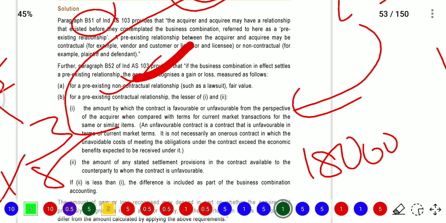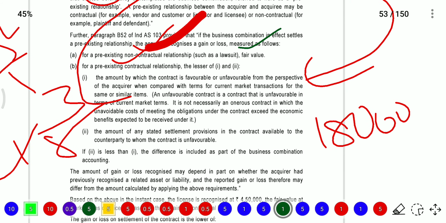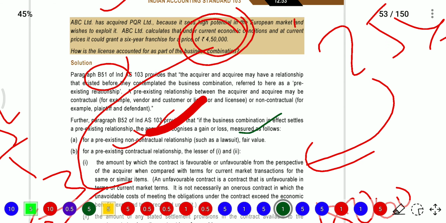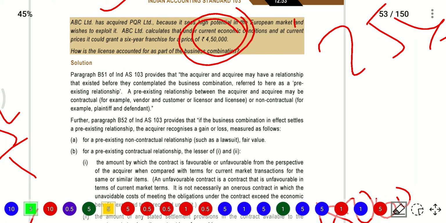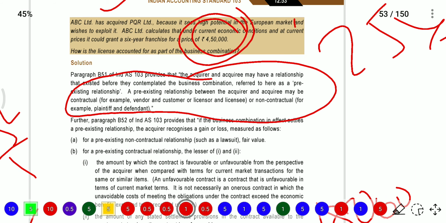If you have that, we can directly use the fair value. If it is a pre-existing contractual relationship, they provide the examples for that. Your existing relationship will be contractual or non-contractual. Contractual means vendor and customer, or licensor and licensee, whereas non-contractual means plaintiff and defendant.